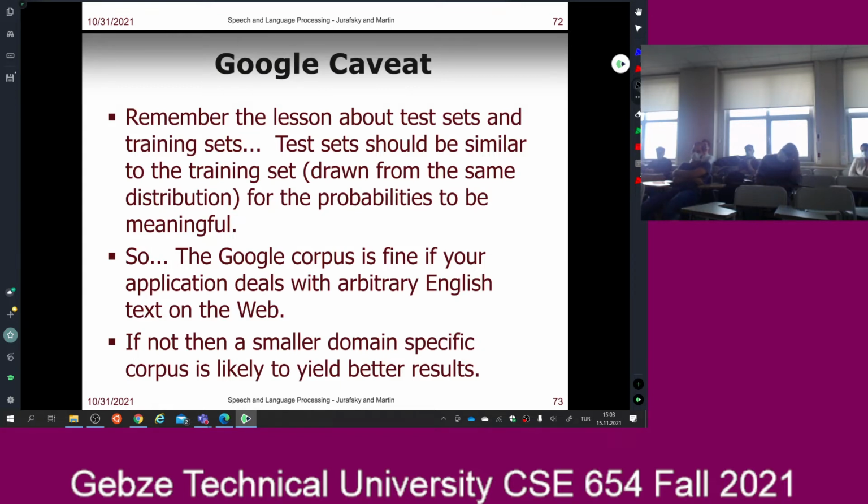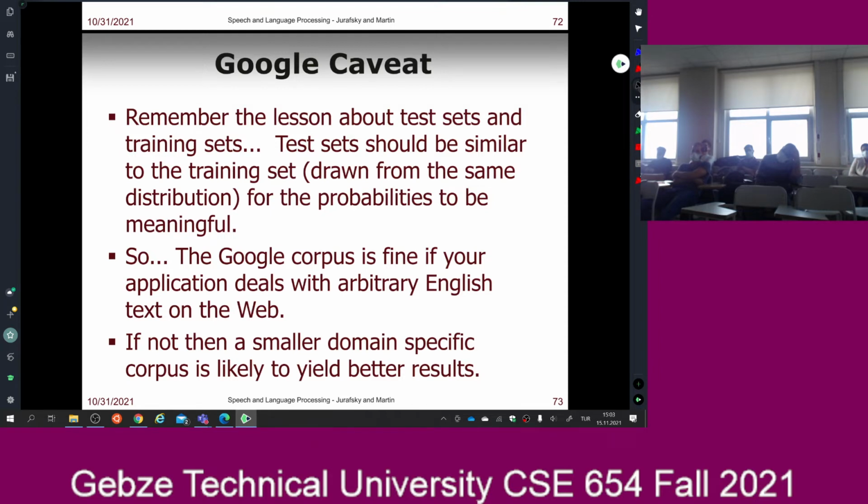Okay? And if your application is on a very, very specific field, for example, if you are looking at biological scientific papers, then probably your language model should use something else other than the Google dataset. Okay?